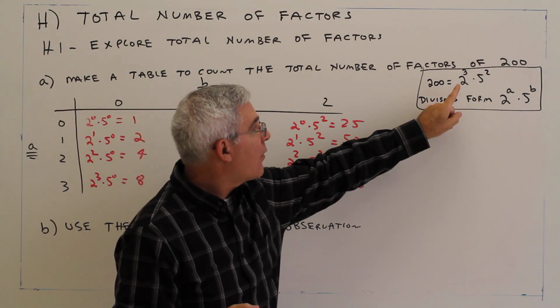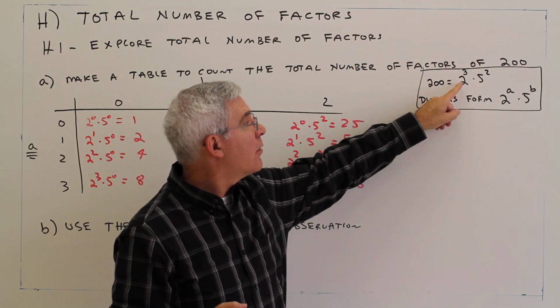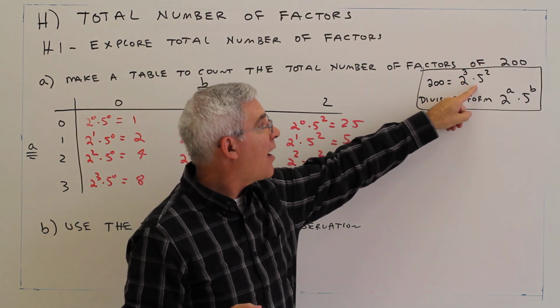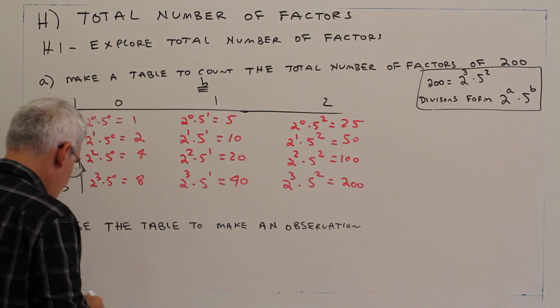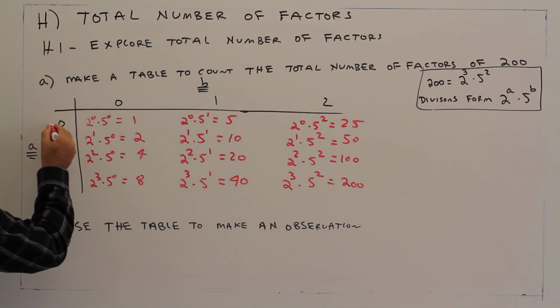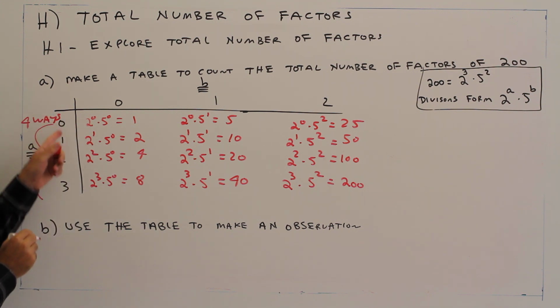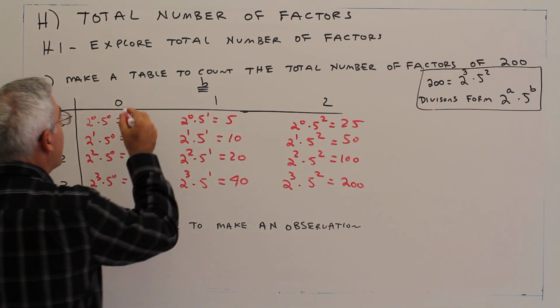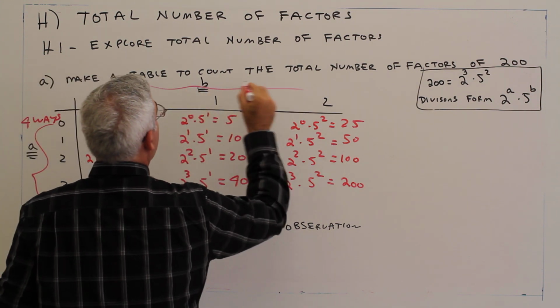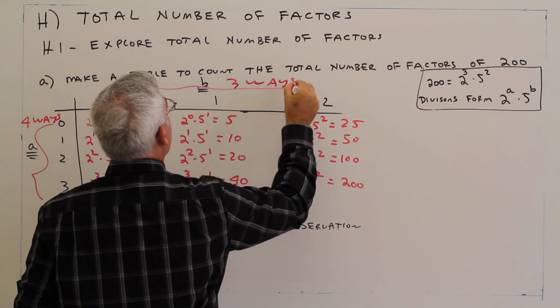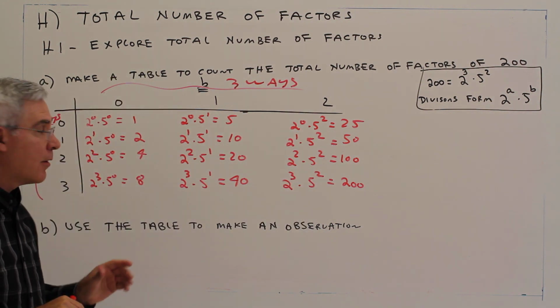All right, so my prime factorization was 2 cubed times 5 squared. Note that there are 4 ways of having this step, and there are 3 ways of having this step.